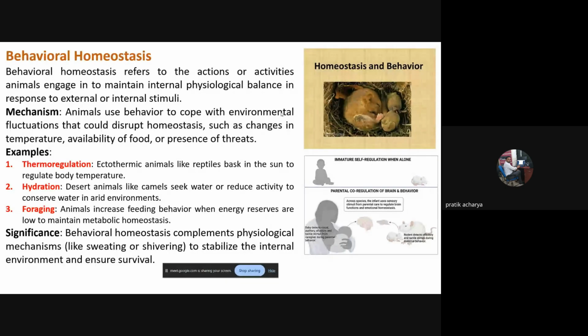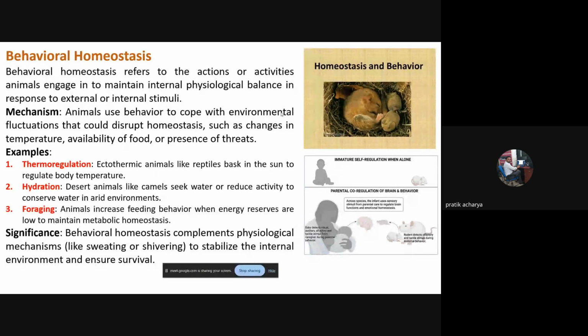Certain examples are cited here. If we are talking about thermoregulation, the ectothermic organisms like reptiles, ectothermic means they are cold-blooded organisms, the poikilotherms. The reptiles bask in the sun to regulate body temperature. Desert animals follow a hydration mechanism, like the camel, which seeks water and reduces activity to conserve water in arid environments.